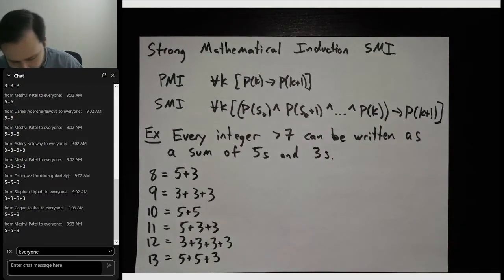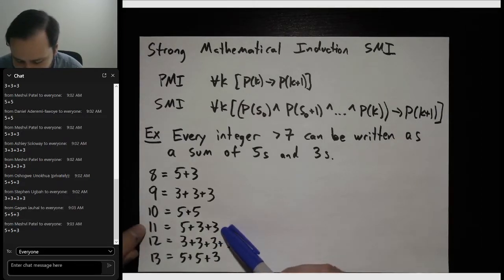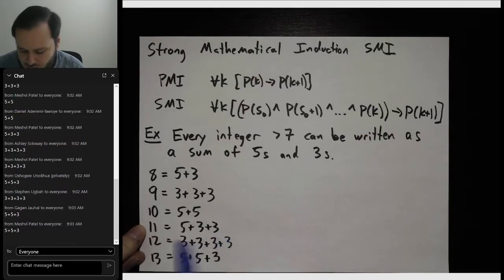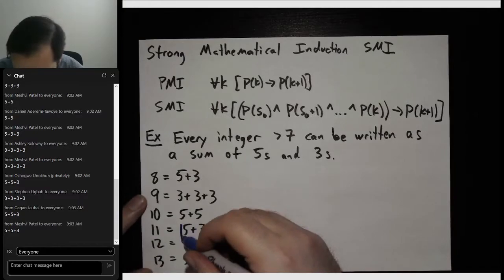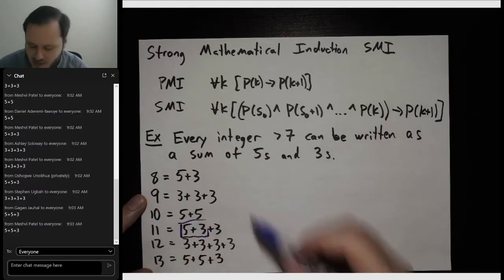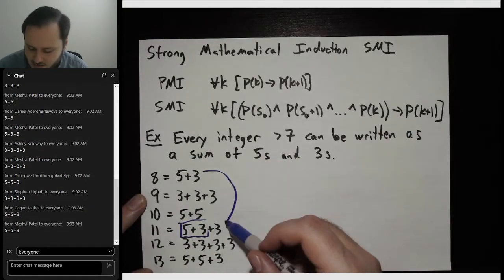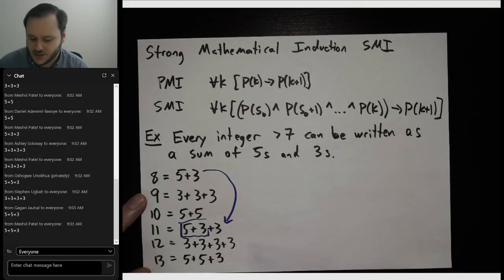Okay. Now, if we take a look at these, there's a bit of a pattern. How did I write 11? Well, it was 5 plus 3 plus 3. What's special about that? Well, if I start with 5 plus 3, that was my strategy for 8. I took my strategy for 8 and I just added on 3 more.